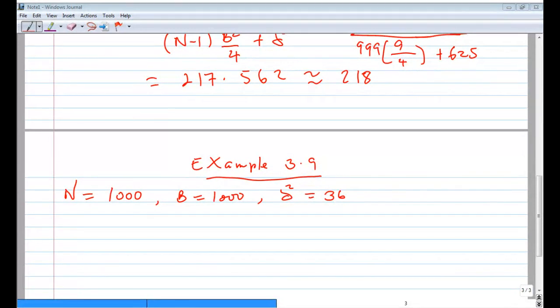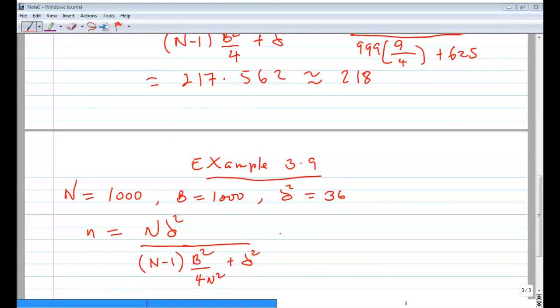the population total. So we're going to use n equal to N sigma squared divided by (N minus 1) times D. Because it's a population total, D is B squared over 4N squared, then plus the population variance.